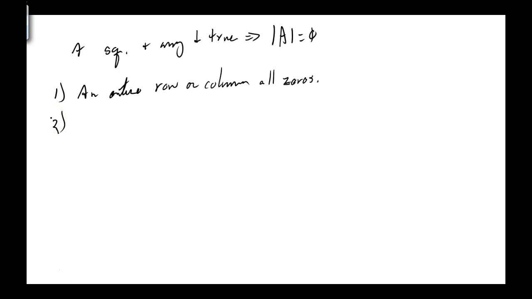Number 2, 2 rows or columns are equal. That way you can multiply one by a negative 1, add it to the other. You get a row or column that is 0. And number 3, one row or column is a multiple of another row or column.